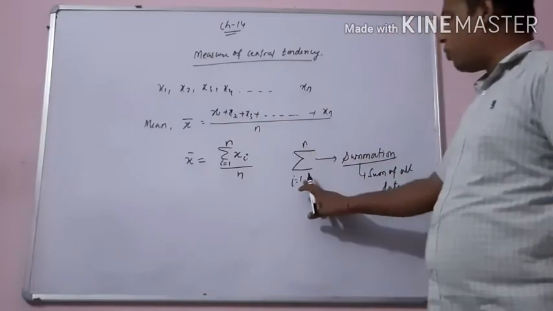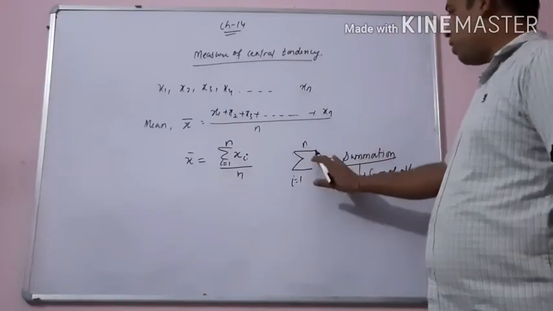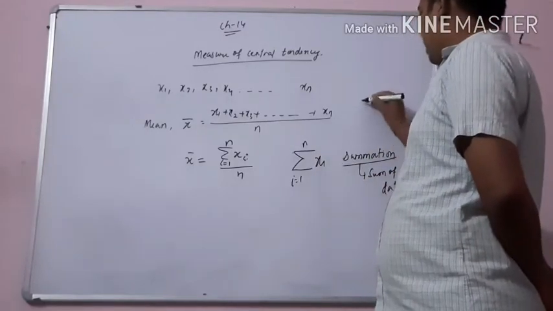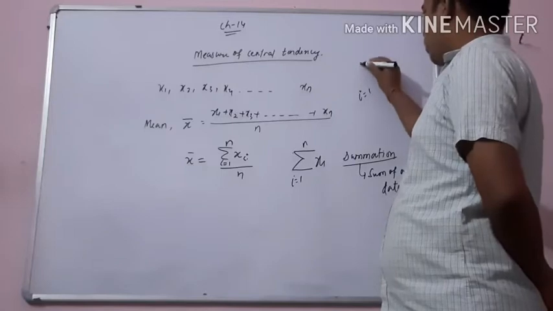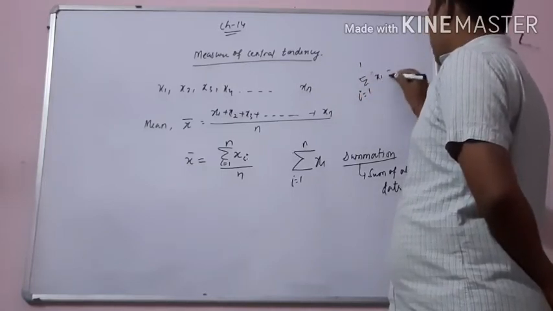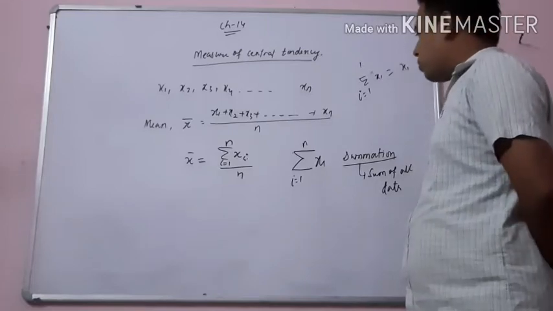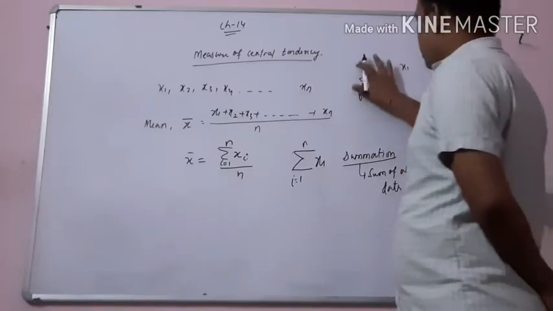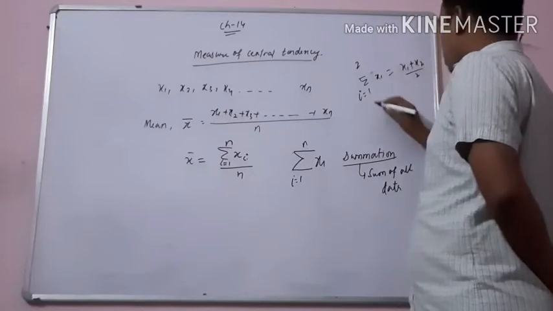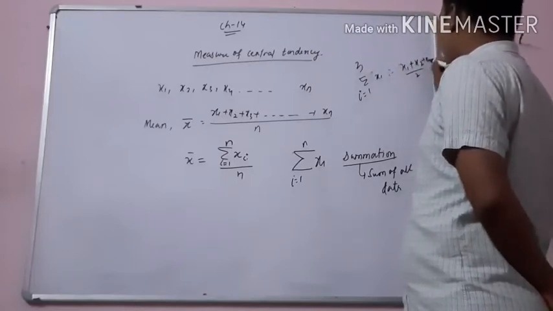When i equals 1, we have to take x1. Suppose if it is 2, then x1 plus x2 upon 2. If 3, then up to x3.